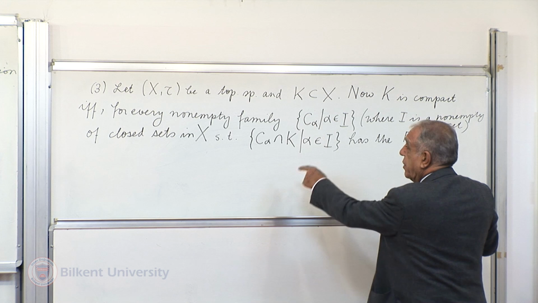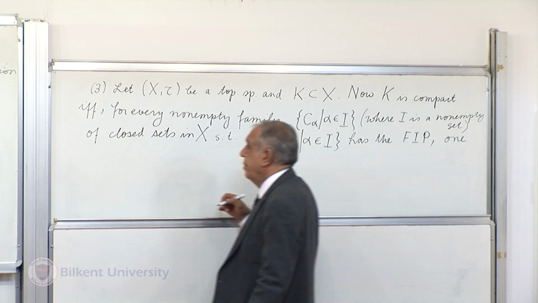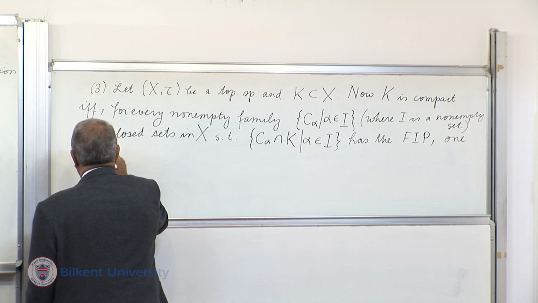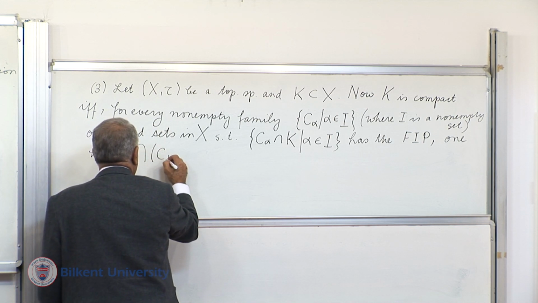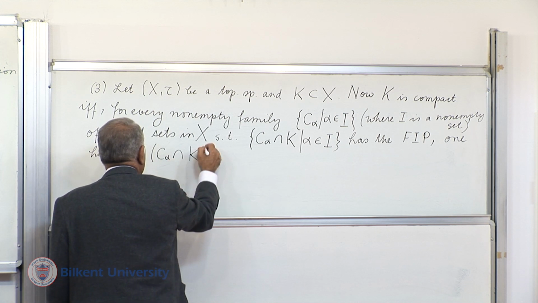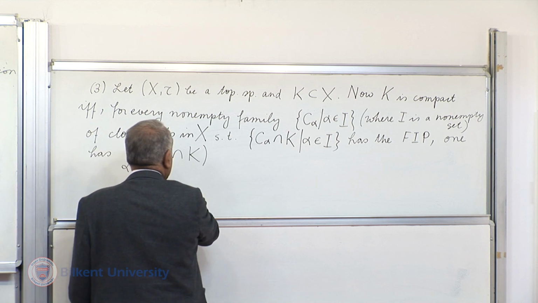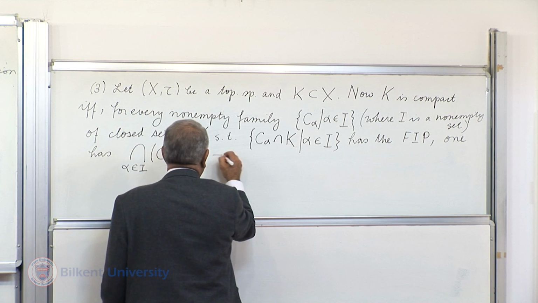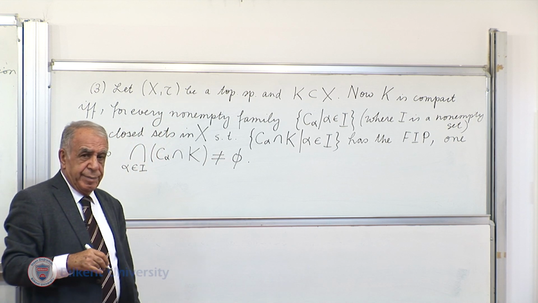For every such family, one has that the intersection of the C alpha intersection K's over the entire family over I is non-empty.